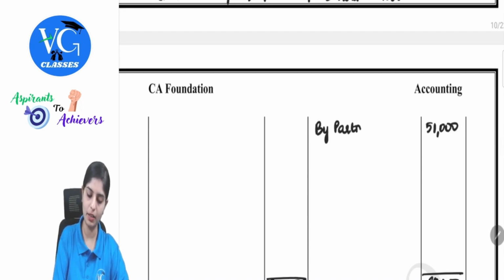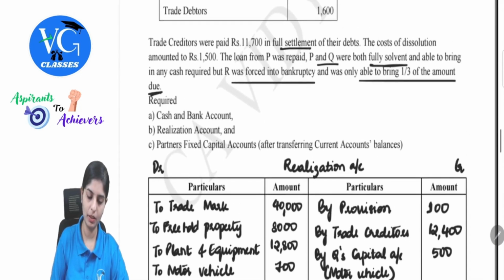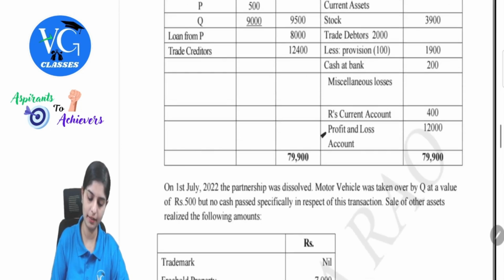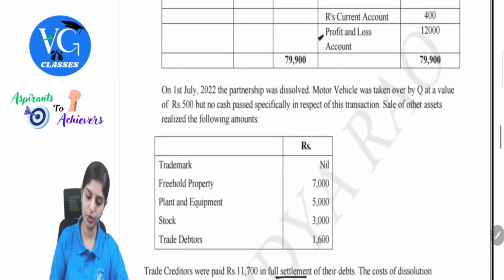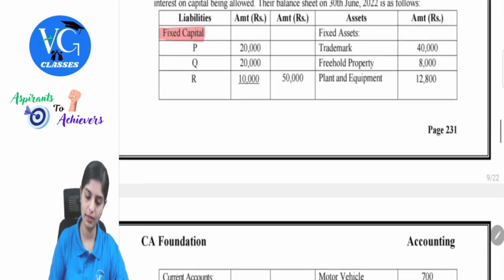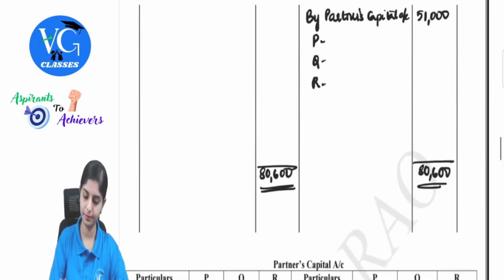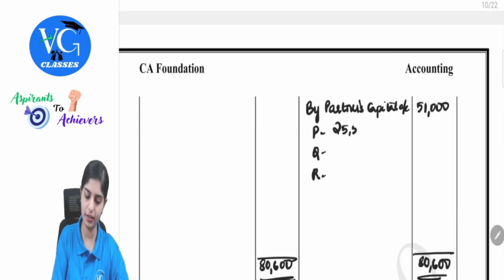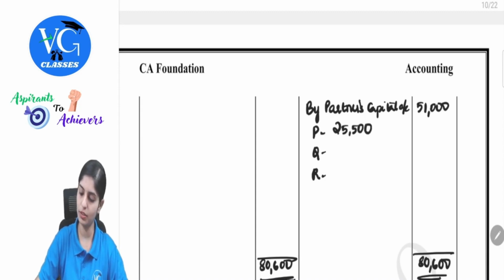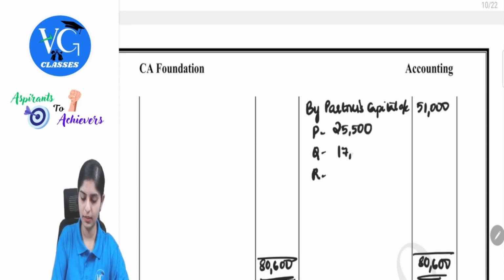By partners capital account, there is P, Q, and then R. 3:2:1 is the ratio, right? Yes. 51,000 into 3 by 6 is 25,500; 51,000 into 2 by 6 is 17,000; and 8,500.